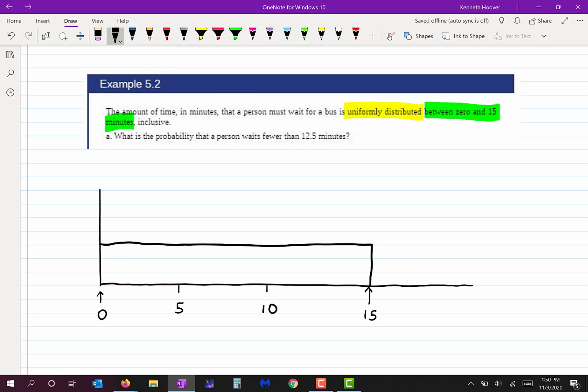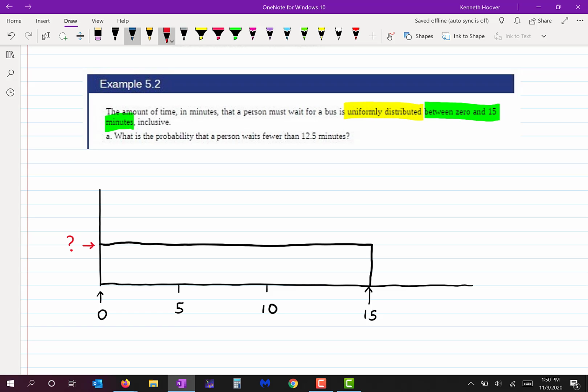Now, how tall is that rectangle? We'll figure that out just like we did before. Remember, the whole area under the curve represents 100% of the possibilities, so that area is 1.